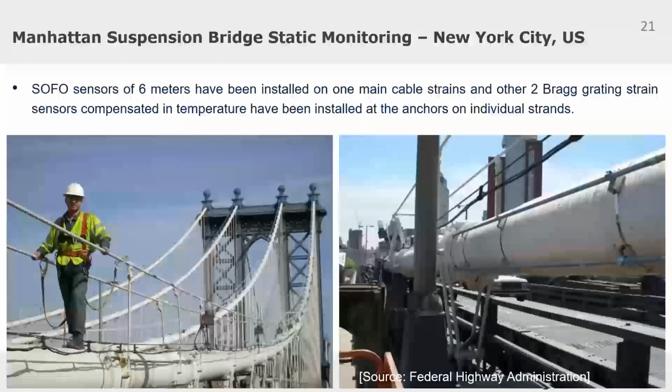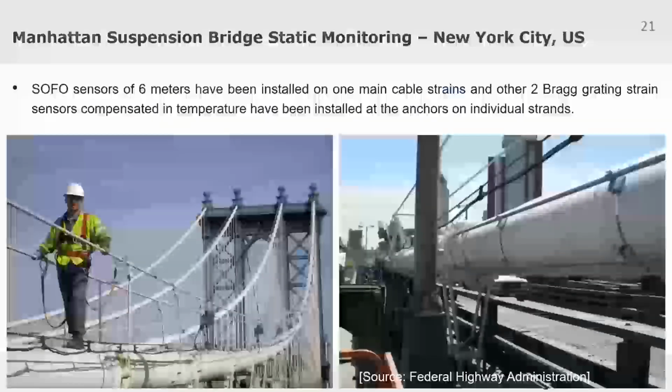So 6 long gauge deformation sensors of 6 meters were installed on the main cable, and 2 Bragg grating strain sensors were installed on the anchors on individual strands.